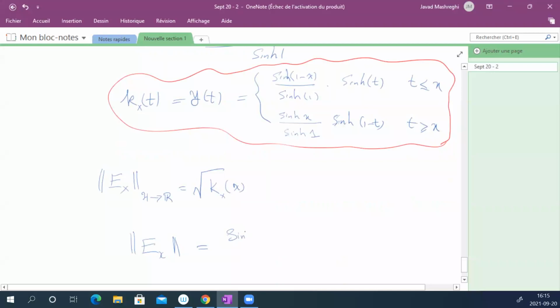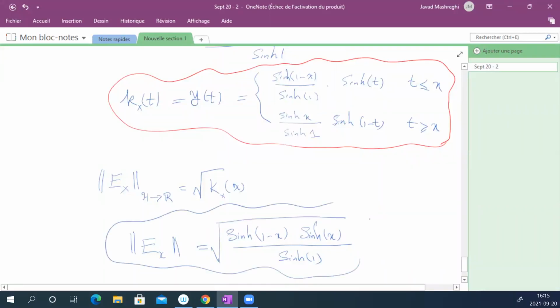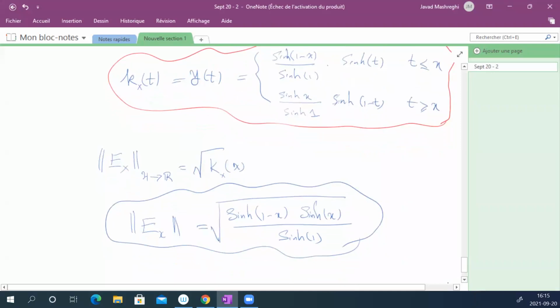So it's sine hyperbolic 1 minus x sine hyperbolic x divided by sine hyperbolic 1, all under a square root. It's absolutely impossible to find this from scratch, and that shows the power of RKHS. Without RKHS, we would not be able to find the precise value of the norm of E_x.